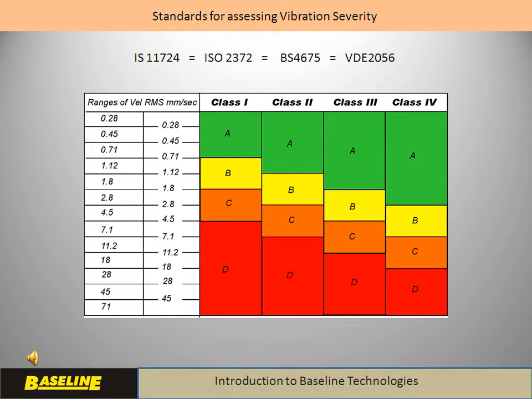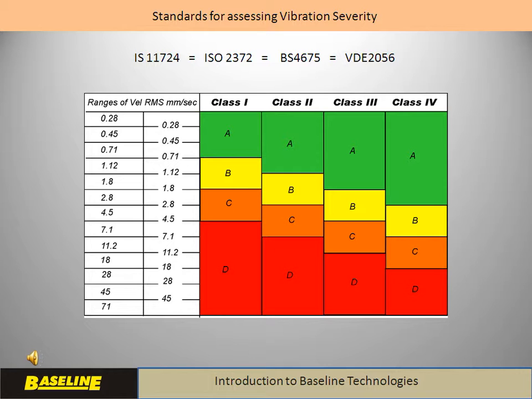Unless specific standards for specific industry apply, the guidelines given in IS 11724 are a good guide for assessment of vibration severity on rotating and reciprocating machinery, which runs between 600 and 12,000 RPM. The standard is identical to globally employed standard ISO 2372.